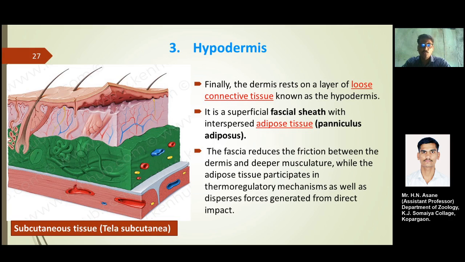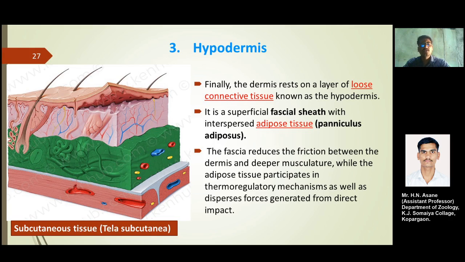This fat layer is referred to as the fascia, which separates the musculature from the dermis. You can see in this diagram, the highlighted green color is the subcutaneous tissue, the tela subcutanea, nothing but the hypodermis.